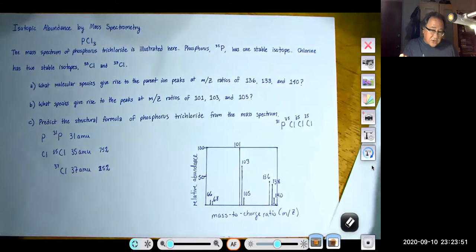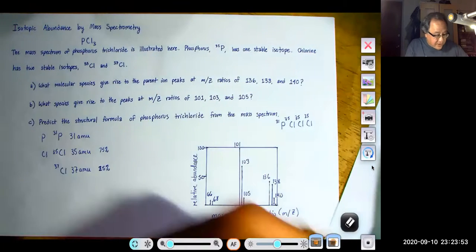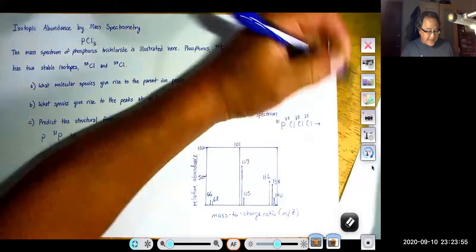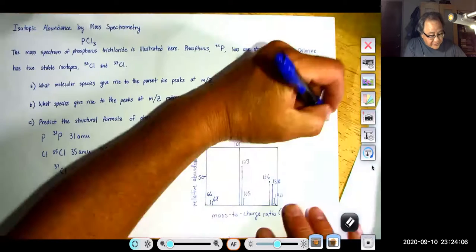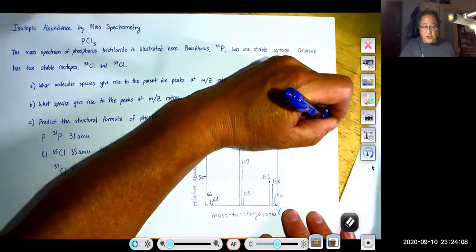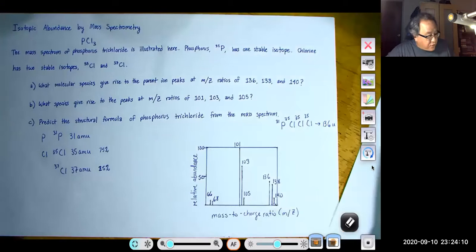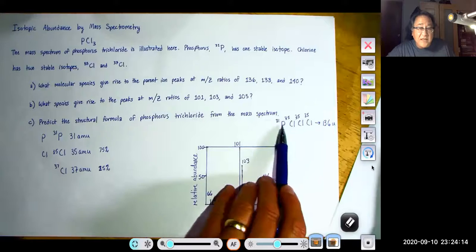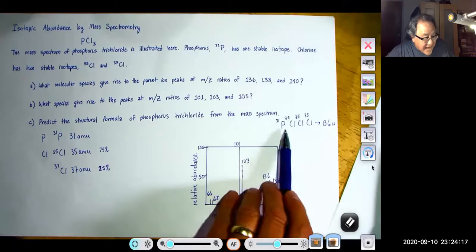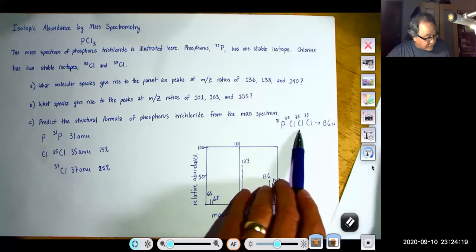You knock an electron off, it hits the detector. What is the mass that this thing has? Well, let's find out. 35 times 3 is 105, plus 31 is equal to 136. So I'm going to put U there. If you have phosphorus trichloride with this one phosphorus and these exact isotopes of chlorine, it weighs 136.